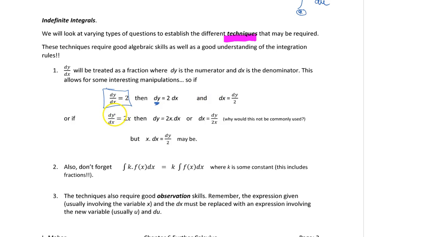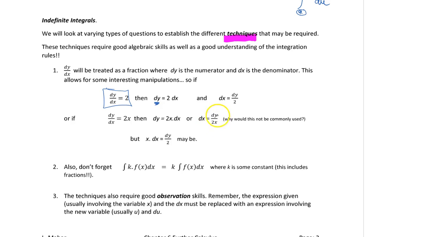If you knew, for example, that dy dx was 2x, what if we wanted an expression just about dy? Well, we could say dy is, multiply both sides by dx, 2x times dx. Or we could say dx is dy over 2x. Now, that wouldn't be commonly used. Could you see that you would be mixing up y's and still keeping an x in it?